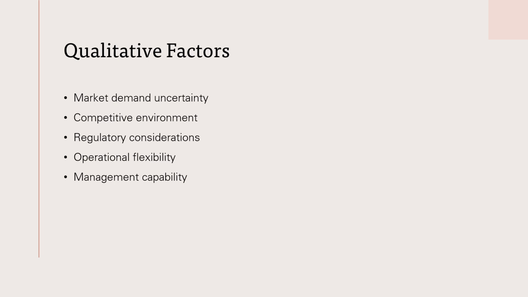Operational flexibility is another key factor. A project that can adapt to changing conditions is generally less risky. Additionally, the experience and capability of management can significantly influence project success. In practice, quantitative analysis tells us what could happen, while qualitative analysis helps us determine what is most likely to happen.